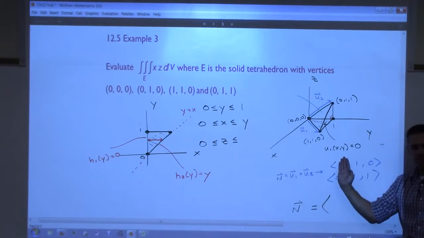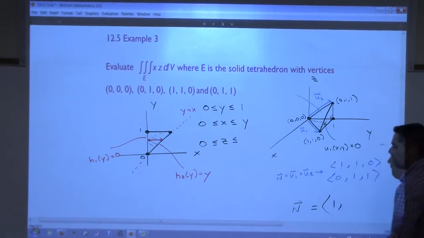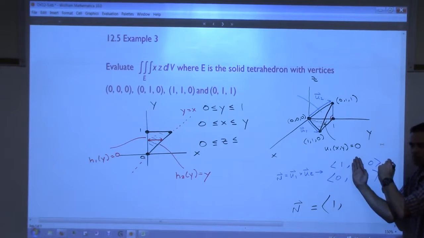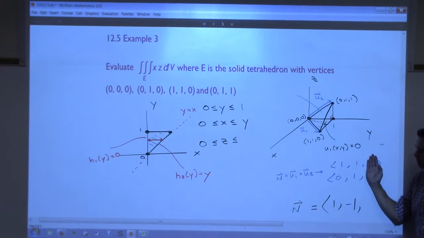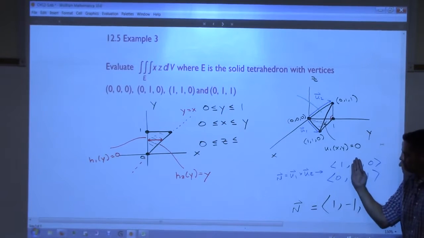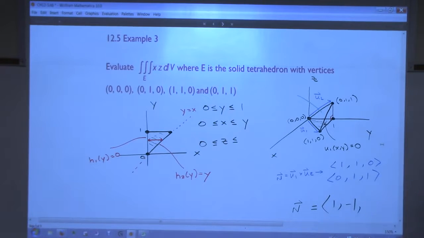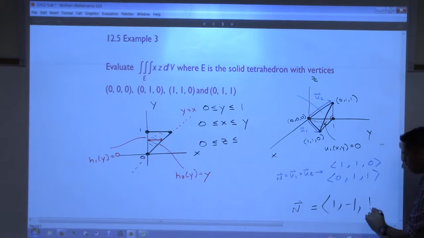Cover up i, determinant of this, so 1 minus, so 1. And then cover up the middle and flip the sign. So negative 1 and what? Oh, gotcha. Here, minus here. Okay. Then cover up this one. So 1. That's it. 1, negative 1, 1.